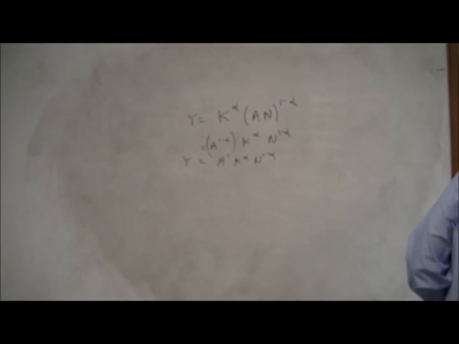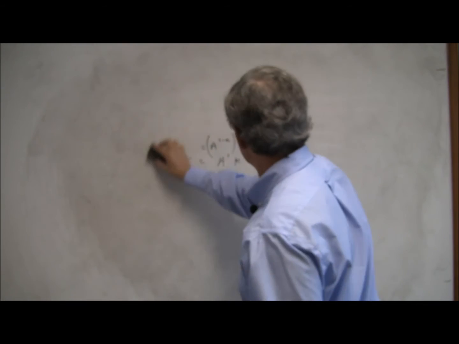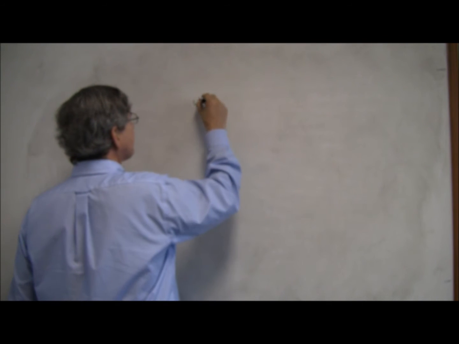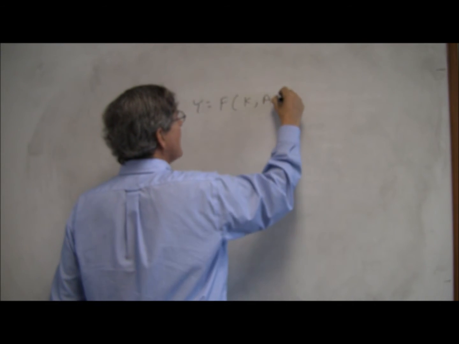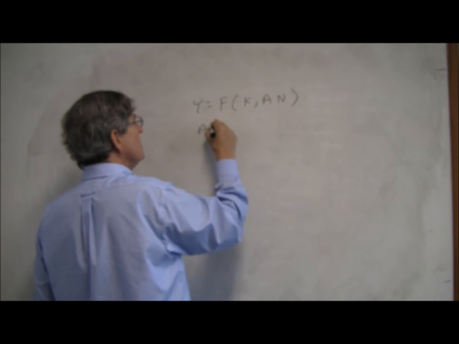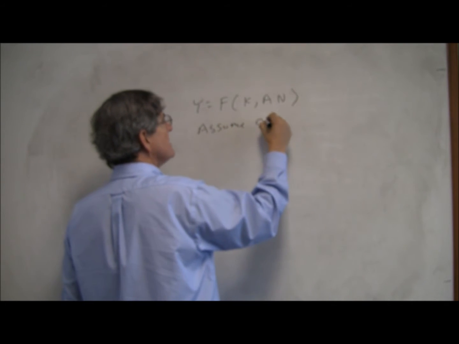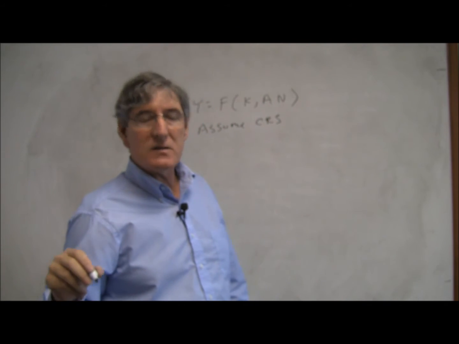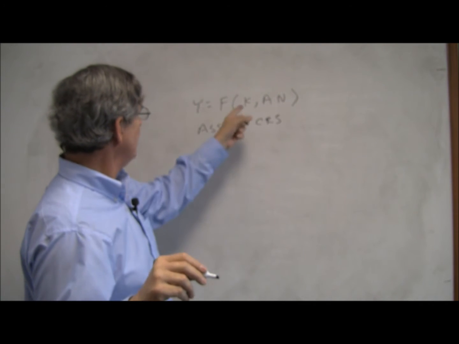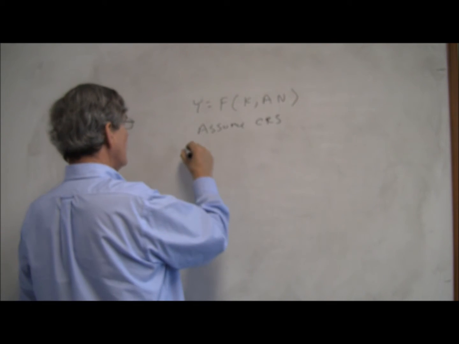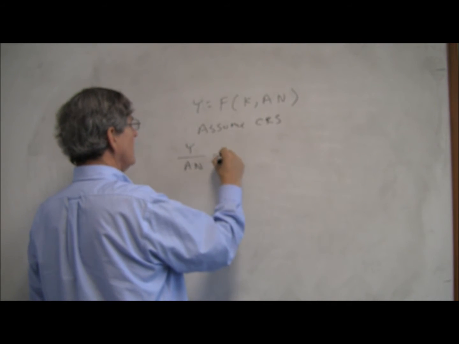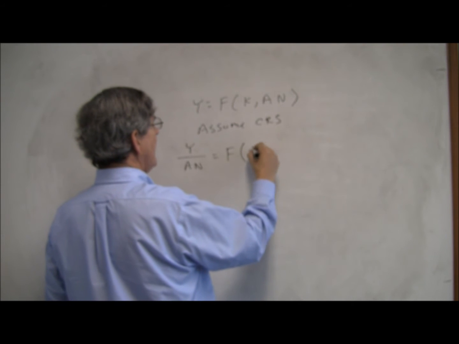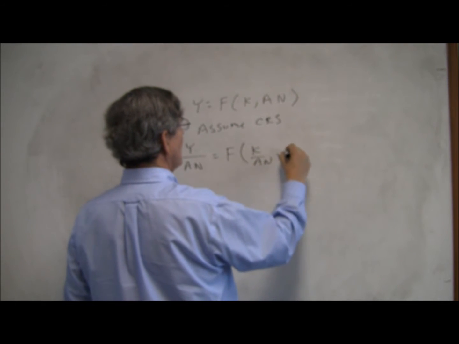But we're not going to use a particular form of this. We're just going to use the general form to work with. So we're going to say, okay, Y is some function of capital and A times N. We're going to assume, like we did in the past, constant returns to scale. And so that means we can divide by either one of these. So Y over AN equals F of K over AN and 1.